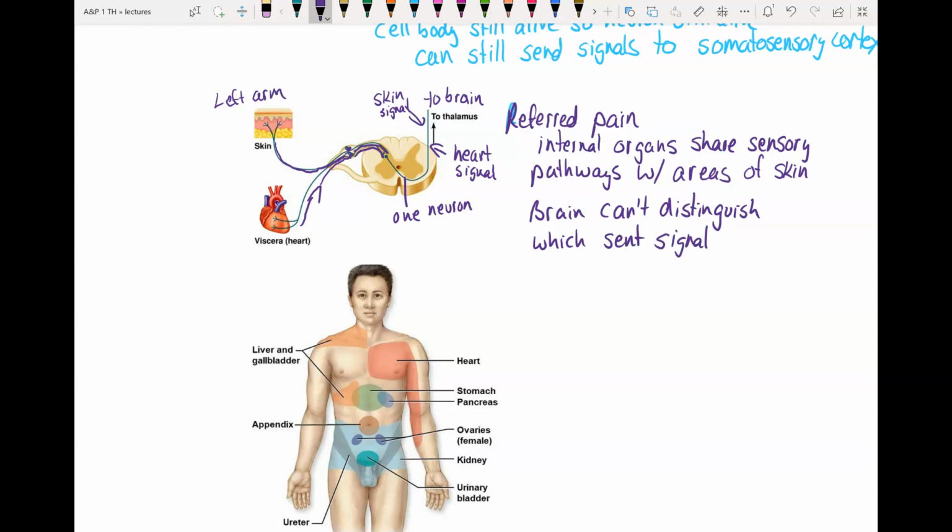And most often, when your brain gets a signal from an internal organ, it will assume that your skin sent it. Your skin has been sending pain signals your whole life, ever since you were a baby. Not very often does an internal organ send a pain signal. So your brain is used to your skin being the one that sends these signals. So your brain will assume that your skin sent the signal.